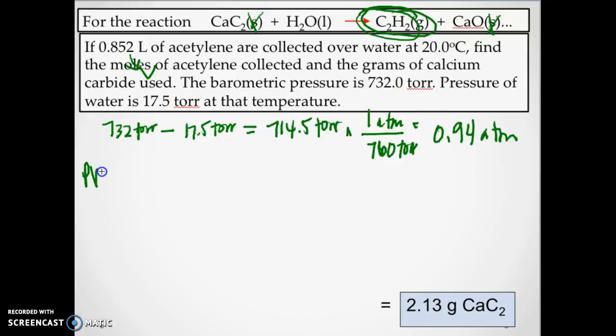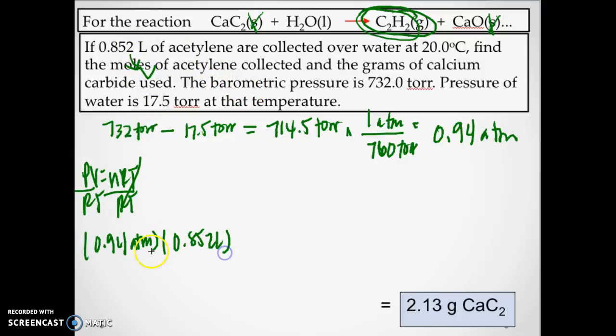So when you solve for n, you're going to get this. So the pressure is 0.94. The volume is that. And then the R, we're going to use the atmosphere one. And then the T is going to be 273 plus that, which is 293.